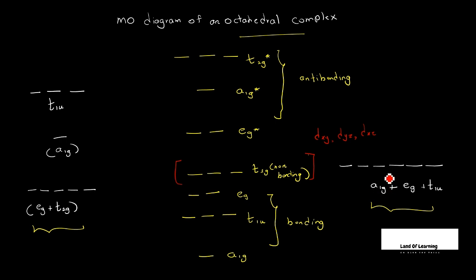But if you remember, when it comes to back bonding, these 3 orbitals may have a perfectly aligned orbital with our ligand's pi orbital, right? So one of these orbitals will go on to form a pi bond with our ligands, which will change our molecular orbital picture.